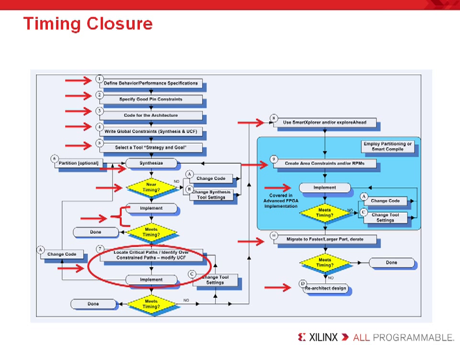Now, this may then require you to make an HDL coding change, make a path-specific constraint, evaluate the placement of your logic, which might require you to change your tool settings, or make a design change, such as replicating a piece of logic to reduce a net delay. But no matter what it is, if the timing analyzer tells you that you did not meet your timing, you will need to make a change. But if you met timing, you're done and can now generate a bit stream for programming and do other things, such as debugging or probing the design with ChipScope, whatever.